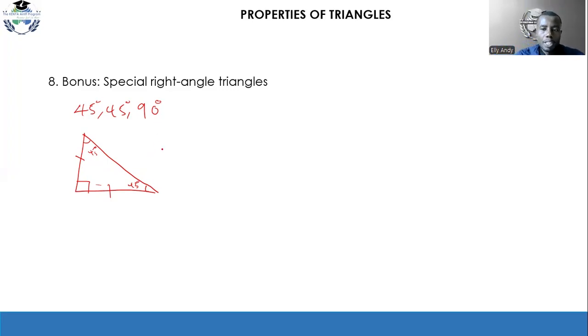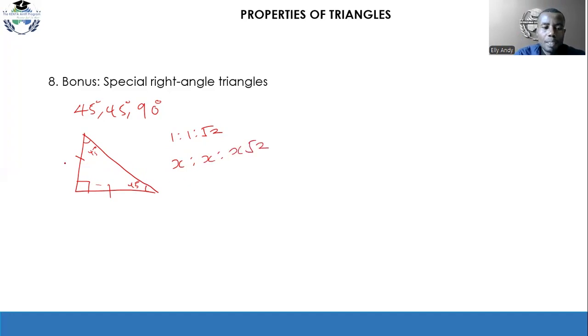So for this, what we need to know for the purposes of the GRE is that the ratio of the sides will be 1 to 1 to root 2, or you can say x to x to x root 2.